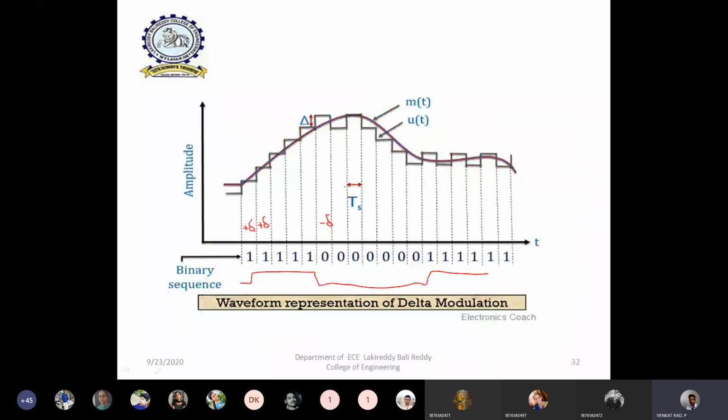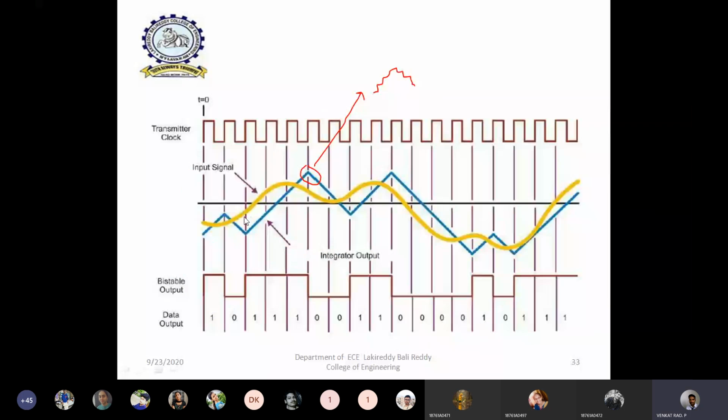So by comparing these two, if the present sample value, for example, this is one sample value, this is another sample, is greater than the previous value of the staircase waveform, automatically we will get plus delta as the output. Plus delta means binary one.